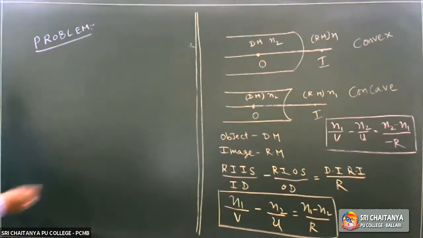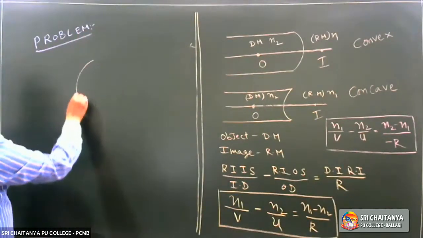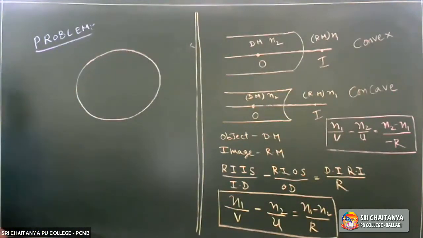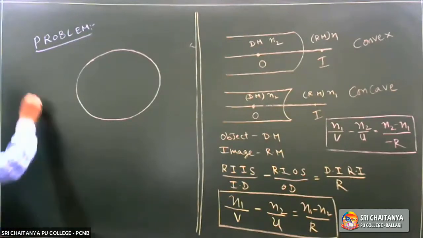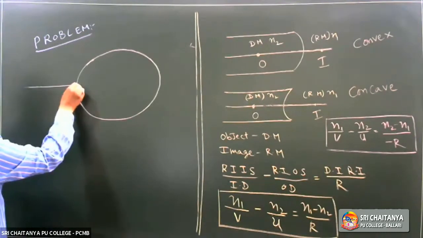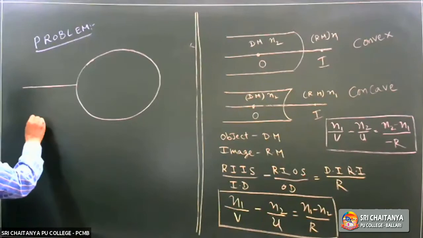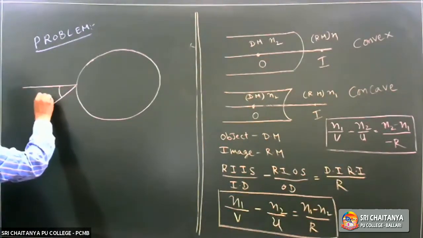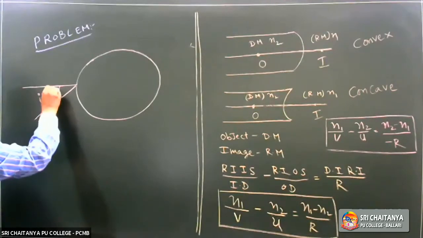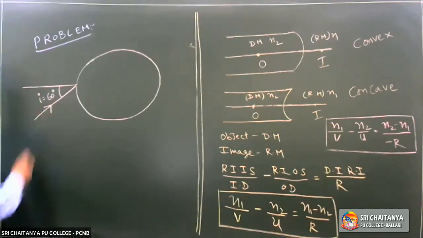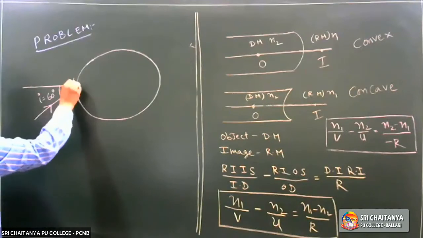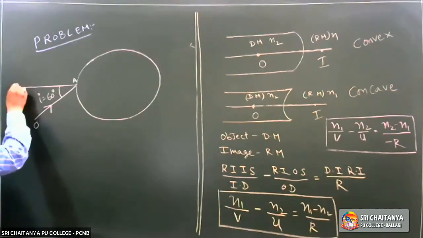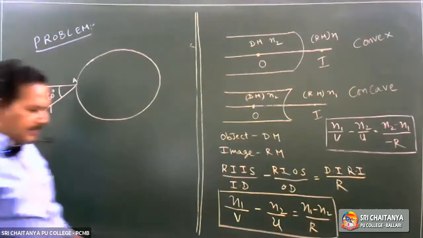There is a sphere. Light ray incidence on the sphere by making an angle of 60 degrees. This is A, O, some P. PA is the normal.